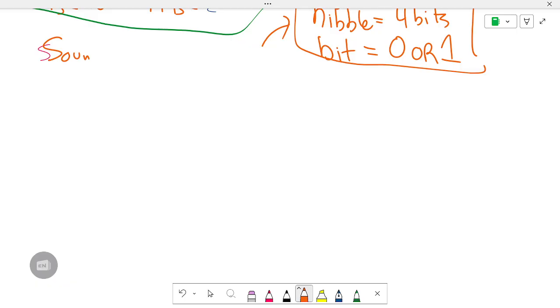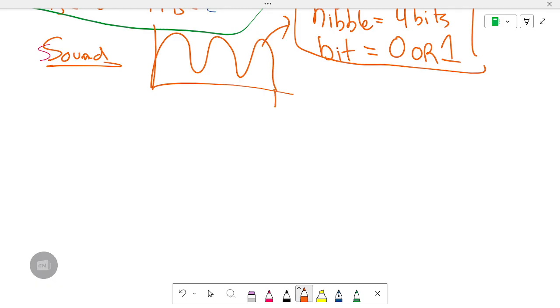Briefly about sound, it's the same idea where you have a sound wave, and in here we have time and in here we have bit depth. How do we figure out the file size?